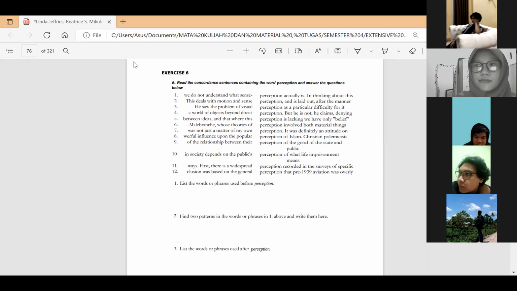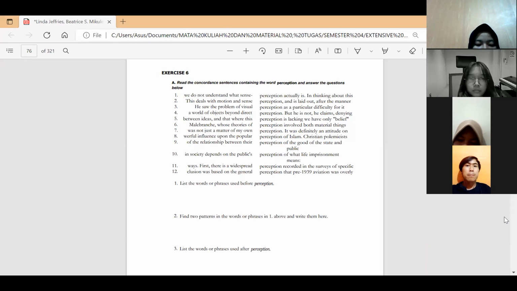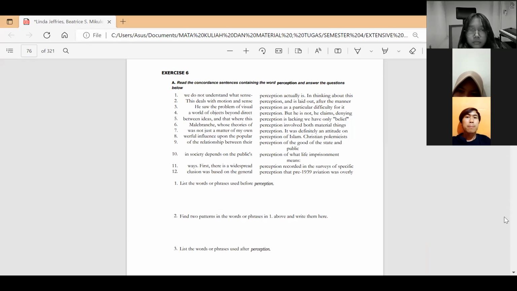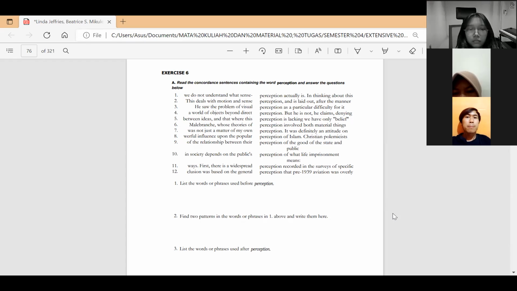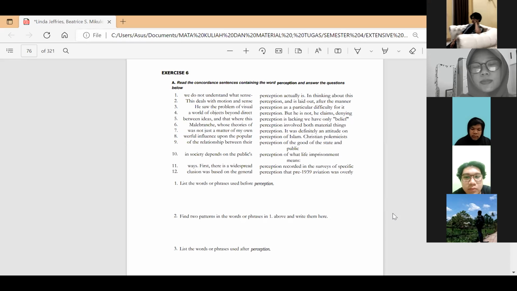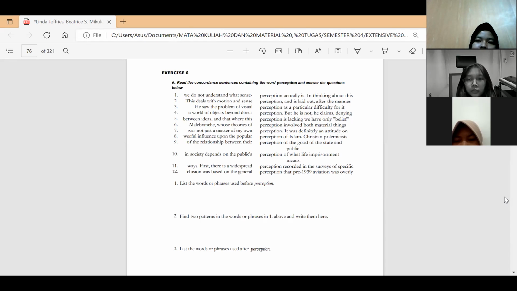First, understand what sense perception. 2, motion and sense perception. 3, the problem of visual perception. 4, beyond direct perception. 5, and that where this perception. 6, whose theories of person or of perception, and not just a matter of my own perception, influence upon the popular perceptions, relationship between their perceptions, and the last is depends on the public's perception.